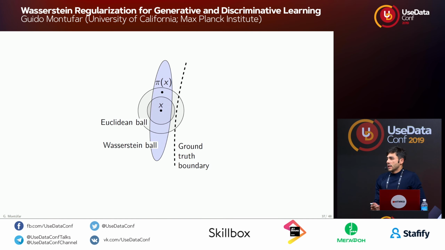We have an input example X, and we have a vicinity around it as measured by Euclidean metric. And we have this ground truth boundary. That's where the class of X would change, say from car to bird. And what you see is that if you measure a ball in the Wasserstein metric, maybe you're going to be able to have a much bigger ball around the input without crossing the boundary of the ground truth.